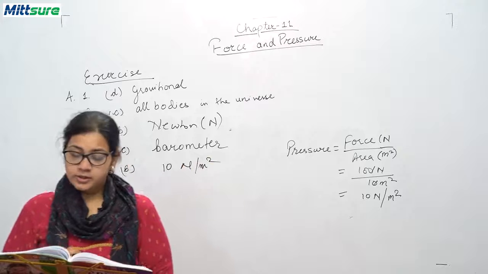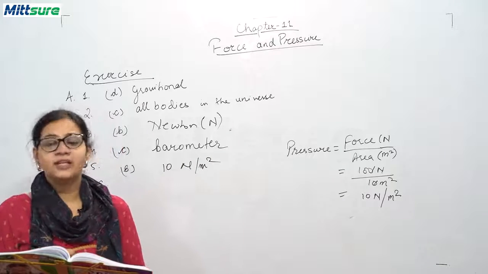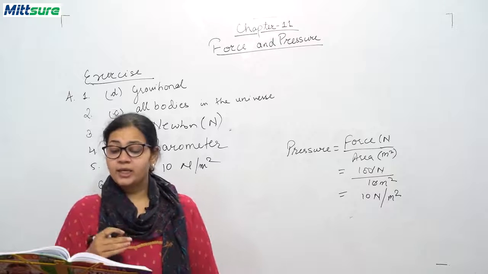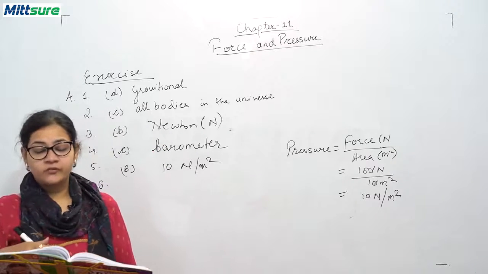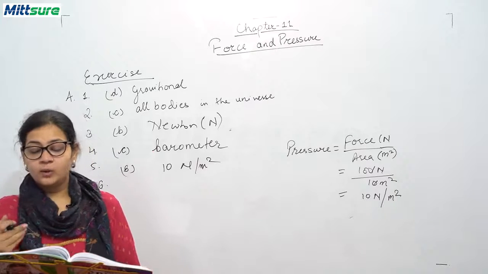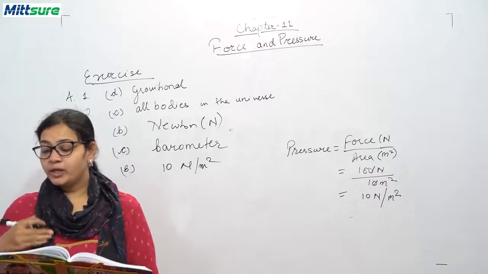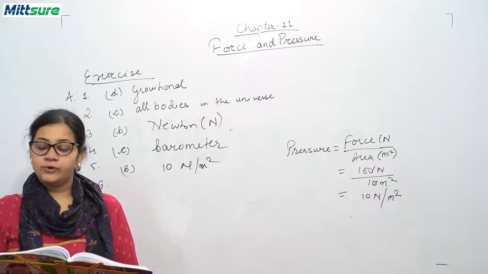Sixth. Now the sixth question is the relation between the SI unit of force and the weight of 1 kg mass is. Okay, A, 1 kgf equal to 1 Newton, B, 1 kgf equal to 0.98 Newton, C, 1 kgf equal to 9.7 Newton, and D, 1 Newton is equal to 9.8 kgf. Okay.